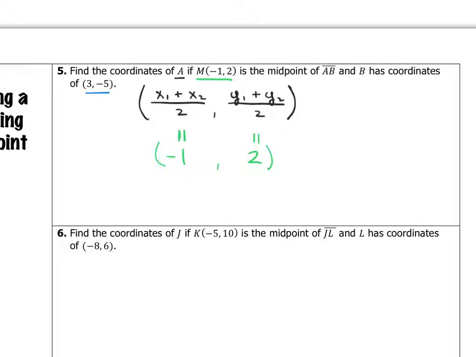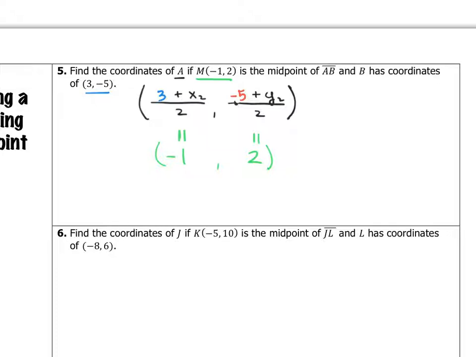I also know one of the x coordinates and one of the y coordinates that go in this equation. So let me replace x sub 1 with the point I know. I know 3 is one of my x coordinates, and then let me do the same thing for y sub 1. I can replace that with -5 because that is one of my y coordinates for my endpoint.